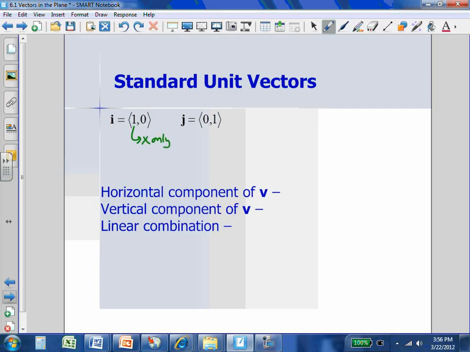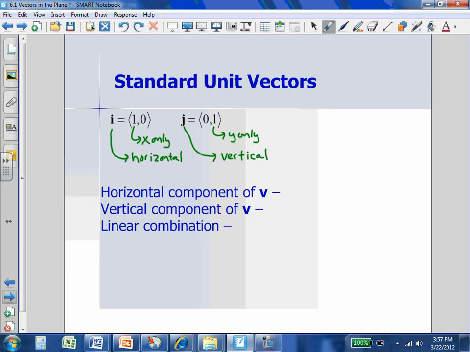So i is the horizontal component. It will only change things left and right, whereas j only has the y. It has 0 for its x component, so it doesn't go anywhere left or right. So this basically only takes care of vertical motion.